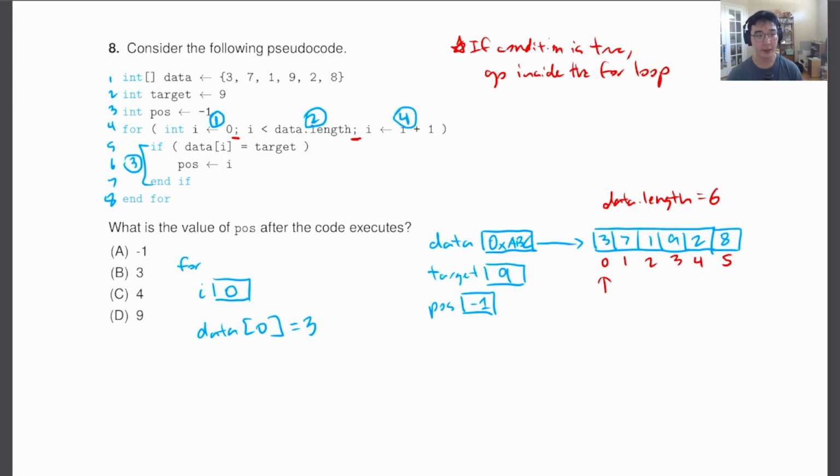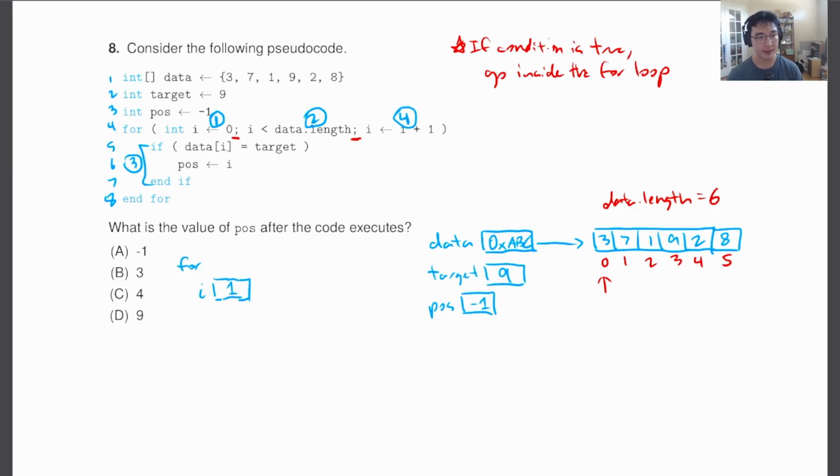We call that the increment, the decrement, basically the change that should happen. And now we add 1 to I, and I is now 0 plus 1, which is 1.